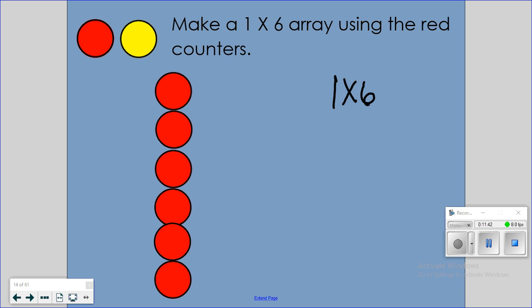One group of 6. I'm going to put it in parentheses. If you want to write that on your desk, you can. A parenthesis is just kind of like a little hug for an equation. Usually if I'm going to make a long equation, I put different parts in there, so that makes it a little easier to read.